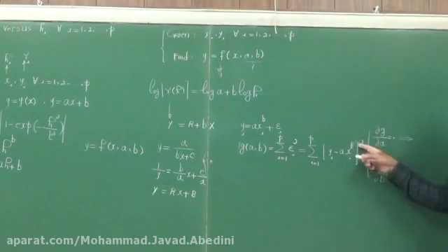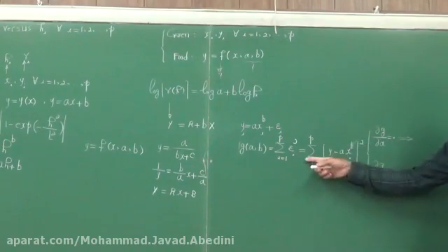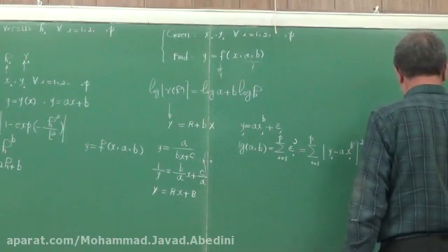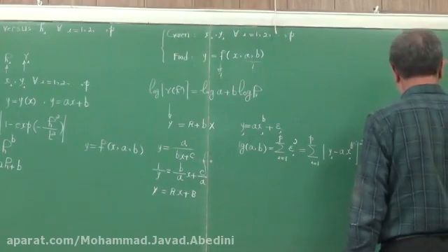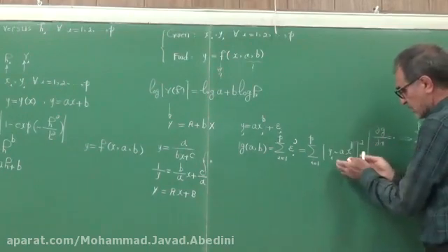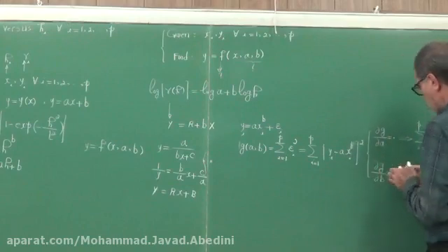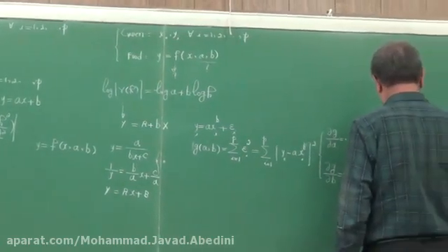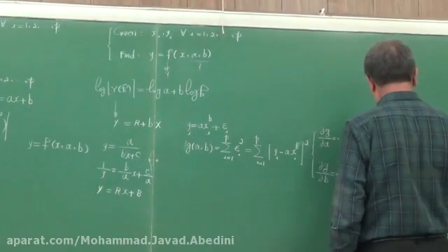These two will become here. And then you have to obtain the partial derivative of what you have inside with respect to a, which will become minus xi to the power of b.